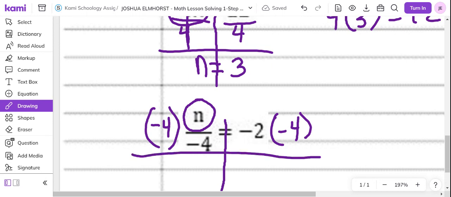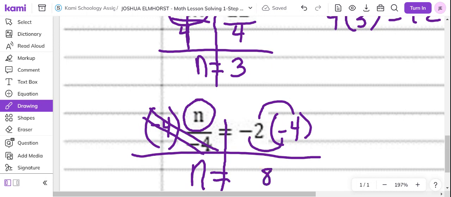So both sides of the equation, we're going to multiply by -4. So dividing and multiplying will cancel, and then the negative and negative will cancel. So now you're left with n equals -2 times -4. So 2 times 4 is 8, and the negative times the negative is a positive.